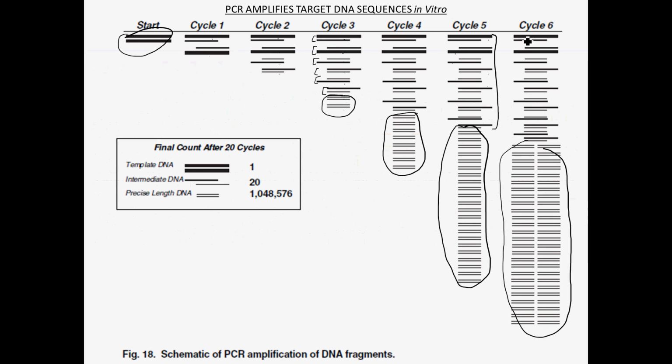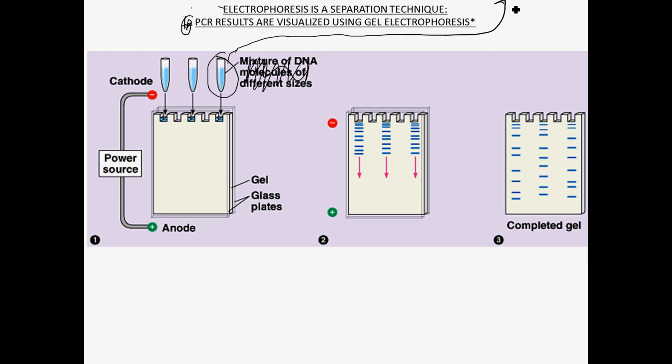This whole mixture right here would be in one of those microcentrifuge tubes. This is supposed to be the tube here. You take this out and load that into the gel, right?